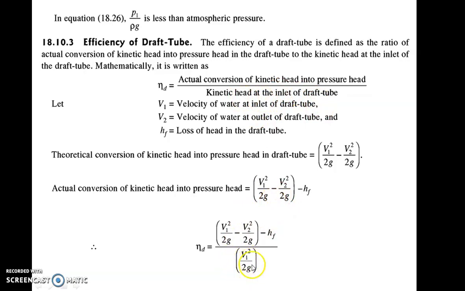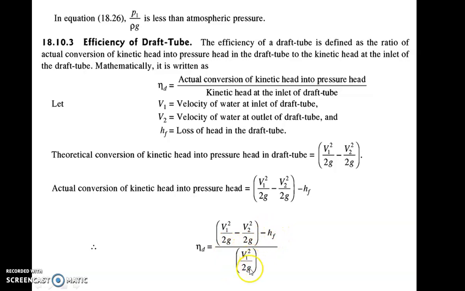In some books it is taken as V1 square minus V2 square upon 2g. The draft tube efficiency is given by V1 square minus V2 square upon 2g minus HF, upon V1 square minus V2 square upon 2g. So this HF is taking the loss into account.